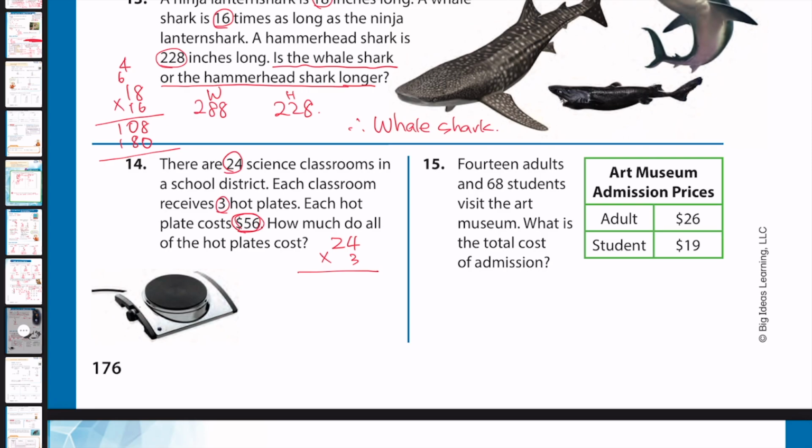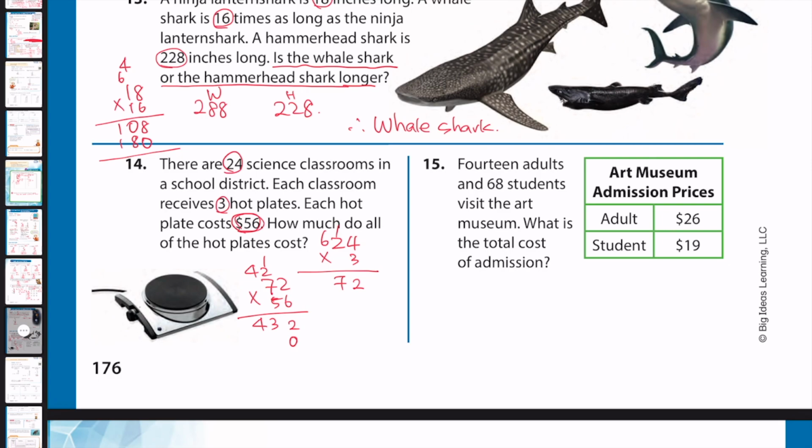Okay, 3 times 4 is what? 12. And 2 times 3 is what? 6, 7. So there were 72 hot plates, and then each cost $56. Let's see. 6 times 2 is what? 12. Carry 1 up. 42 plus 1 is 43. And then for the 50, I'm going to add 0 at the end automatically.